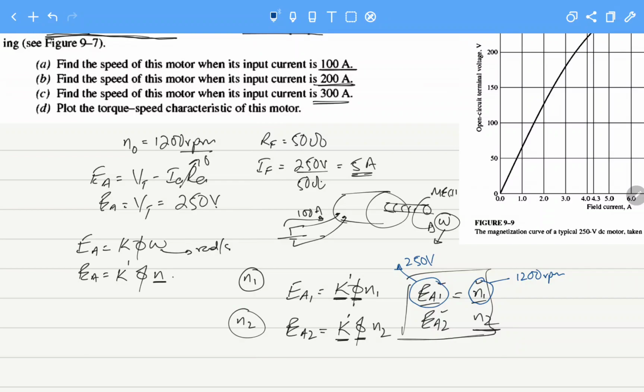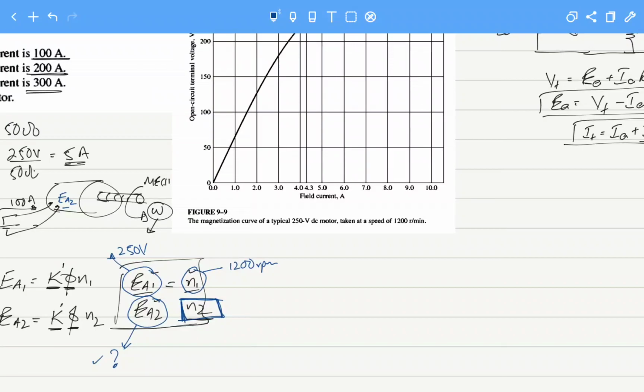Now for a loading condition, if we are able to calculate EA2, for example when our motor is loaded for 100 ampere, we will put the values in this equation and we can calculate the new speed of the motor. That is what he is asking about.